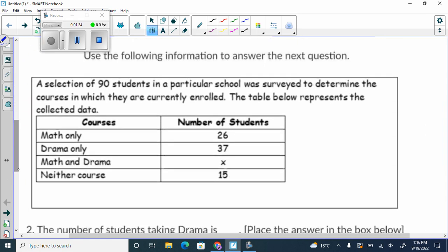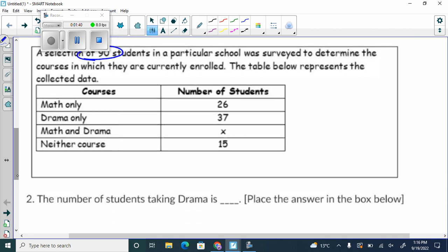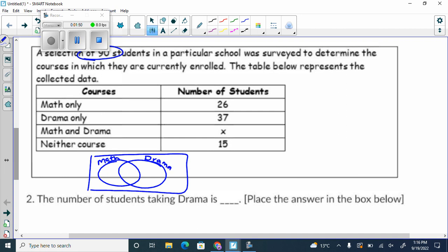This one, a selection of 90 students in a particular school was surveyed to determine the courses in which they are currently enrolled. 90 students is important. Now, we have to have a box with 2 circles in it, and they need to be labeled. Math, drama. So math and drama is X, math only is 26, drama only is 37, and I don't have to subtract anything because they say only, and if they say only, we're going to go to the one spot, correct?